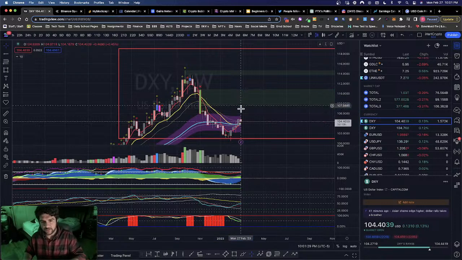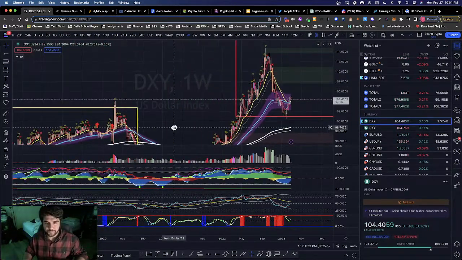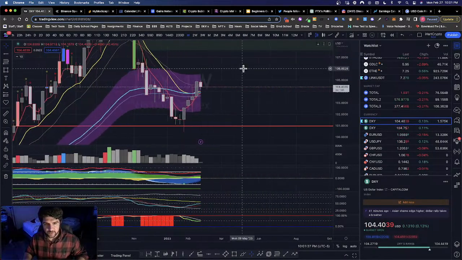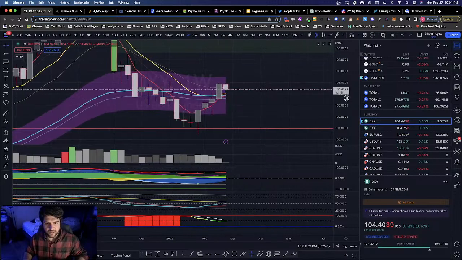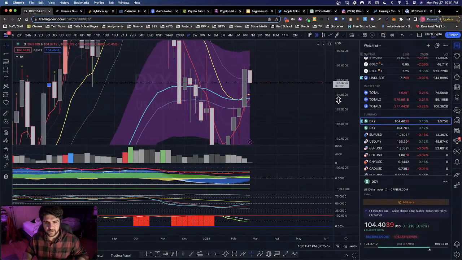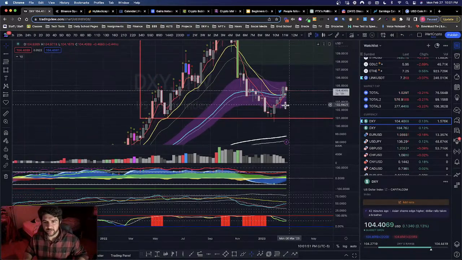So that's a big spot for the Dixie, that 108 region. On the weekly time frame, you got your EMAs about to cross above the 50 EMA. Your 5 EMA is about to come up. That's a big sign of strength. Whether it does that or not, we will see.